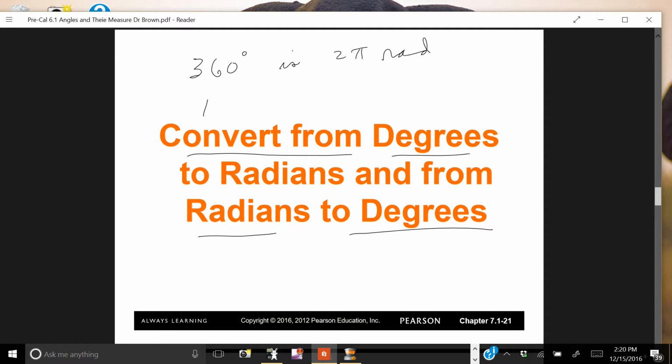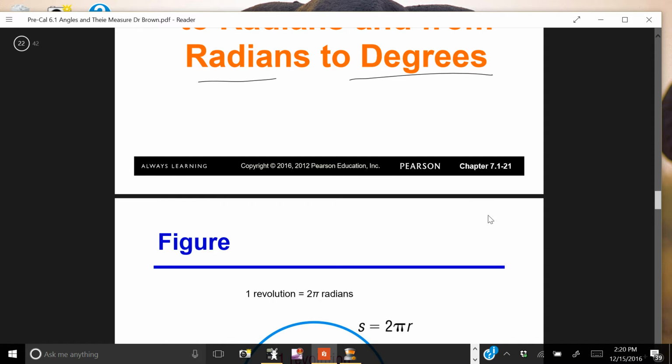And we know that 180 degrees would then be pi radians. So noting there are pi radians in 180 degrees, we can convert either way using this information.